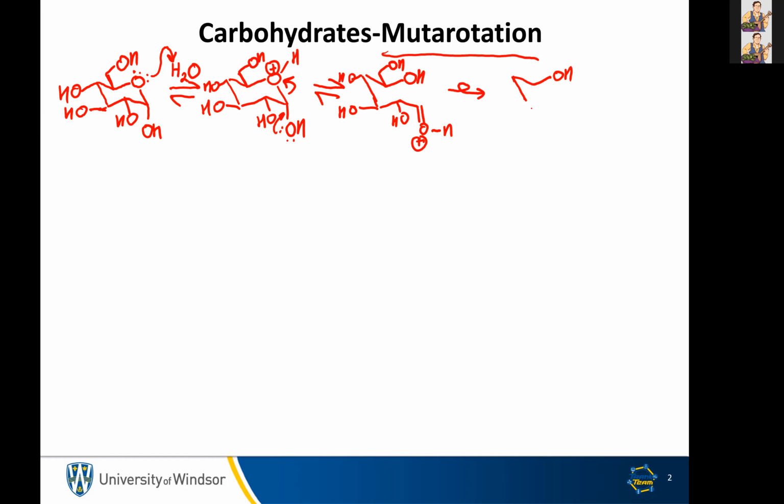And what am I going to rotate? I'm going to rotate the C1 position. So suddenly the aldehyde is now going to be equatorial instead of axial. Nothing else changes, because I just rotated around that bond. Okay, and still positively charged.